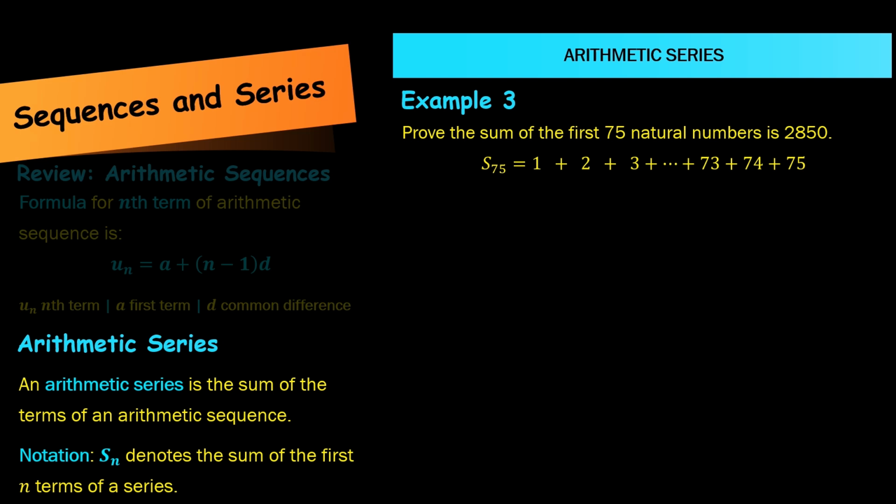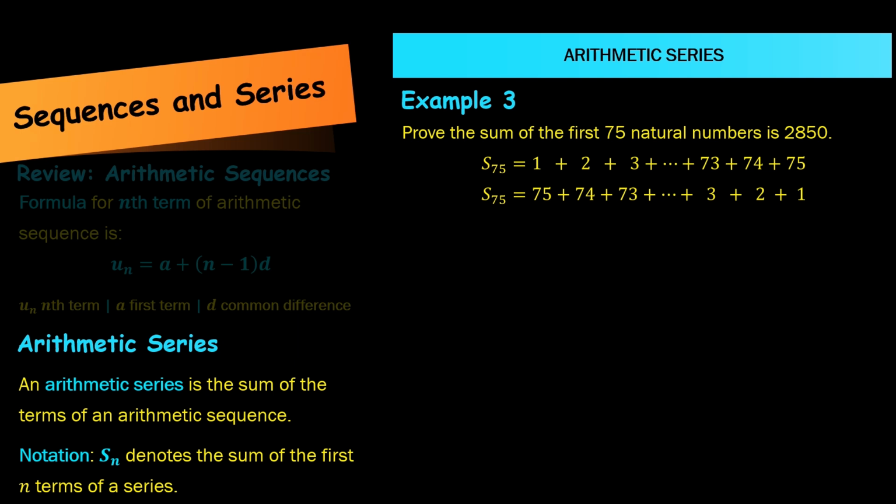The sum of the first 75 natural numbers can be written as S subscript 75 equals 1 plus 2 plus 3 plus, and so on all the way up to, plus 73 plus 74 and plus 75. We can write this in the reverse order as 75 plus 74 plus 73 plus all the way down to 3 plus 2 plus 1.